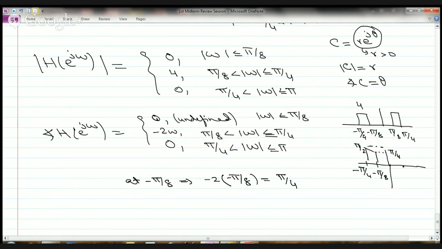Similarly, in the range of pi by 8 to pi by 4, we have the same line, the same slope, minus 2 omega. It goes up here, but I can't draw the line in this region because the phase is undefined or 0. Let me color it to make it clear. This is the line, the same slope, but in between I have to cut off the line because in between it is 0.